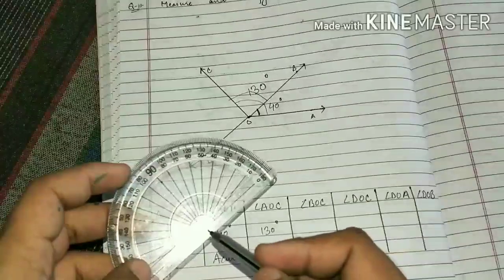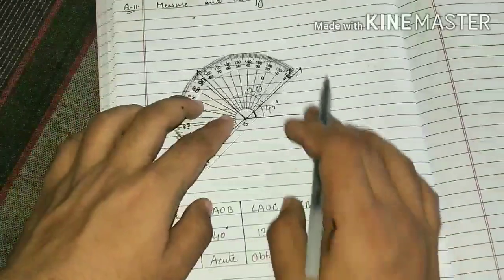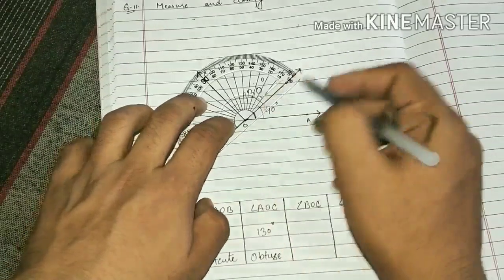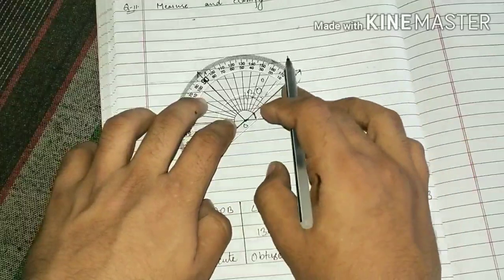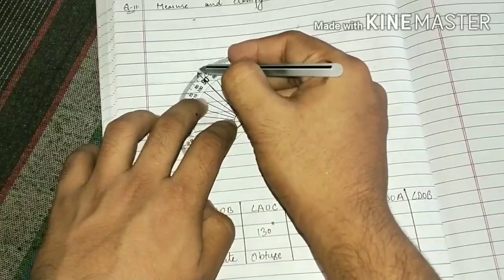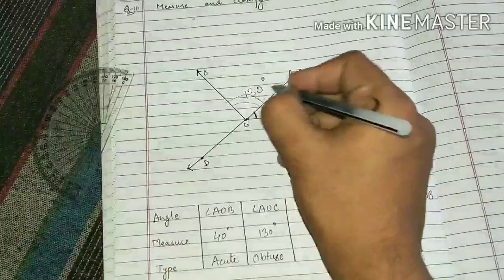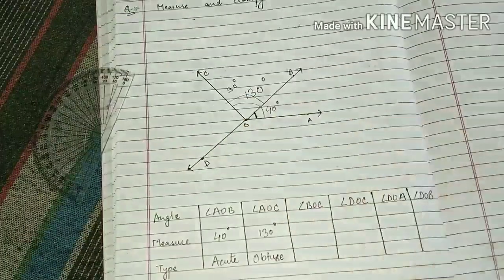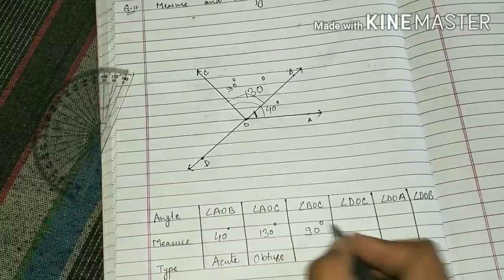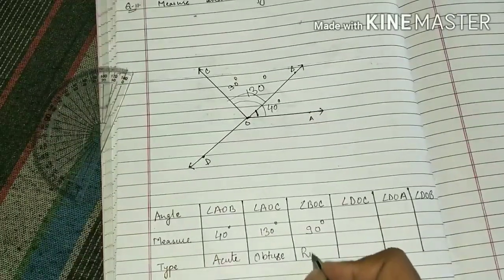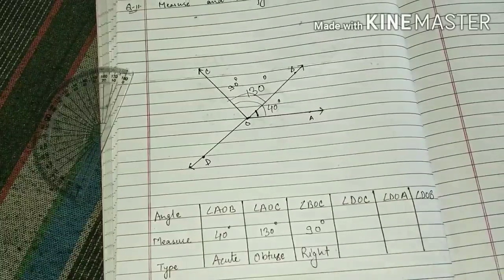We will keep the middle point of the protractor again at the vertex, that is O, and see that both these lines are coinciding. Now see the angle. Angle is 90 degree. So angle BOC is equal to 90 degree, and if an angle is 90 degree then it is right angle. Okay, right angle.